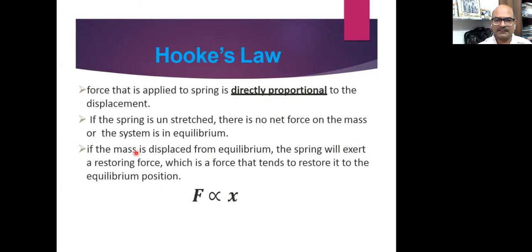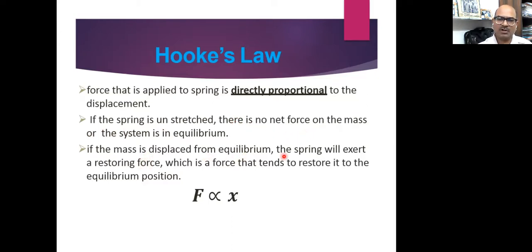This is the important law that we discussed in one of my previous lectures, Hooke's law, which governs the property of elasticity. We say that the force applied to the spring is directly proportional to the displacement. If the spring is unstressed, there is no net force on the mass.